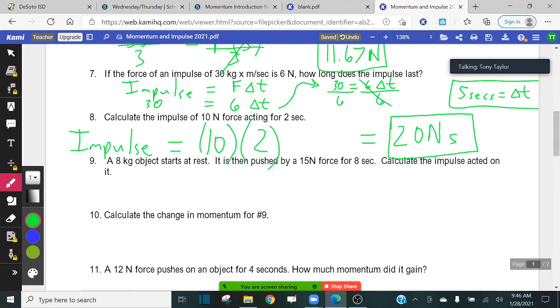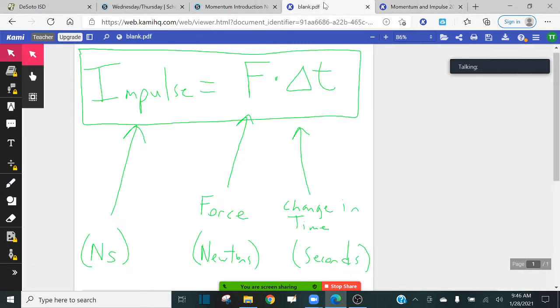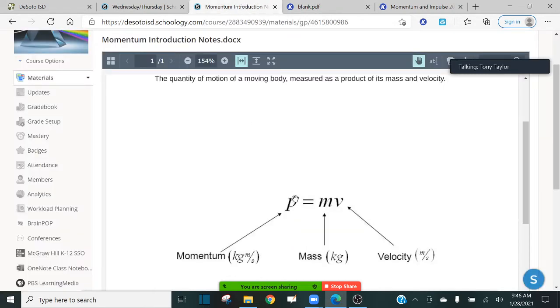All right. Now, before I move on to number 9 and 10, I want to go back to this concept that I described at the beginning of class, that there's a direct relationship between impulse and momentum.